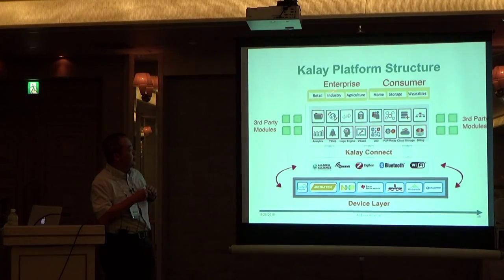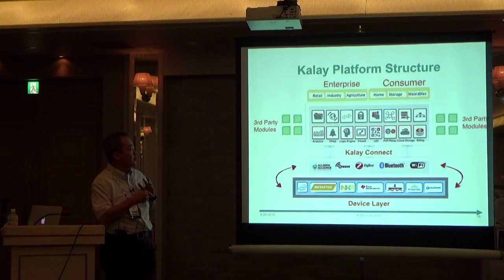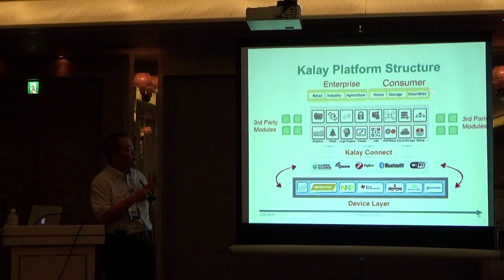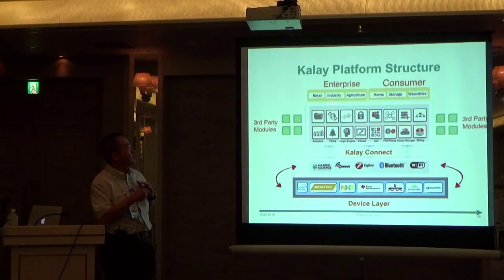And then for applications, we provide two main categories. One is for the consumer product lines, including smart home devices, storage, and wearable devices. And now we are also working with some enterprises to provide enterprise solutions including smart retail, industry for Industry 4.0, and also smart agriculture, which can fit into smart city.